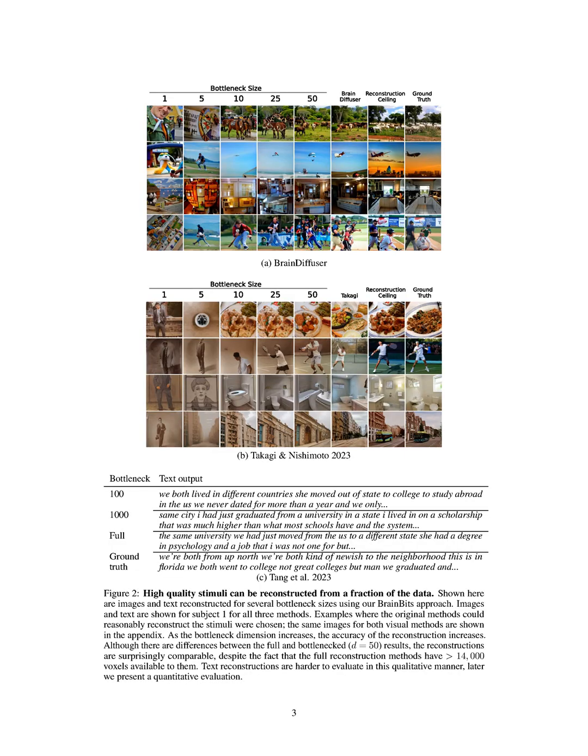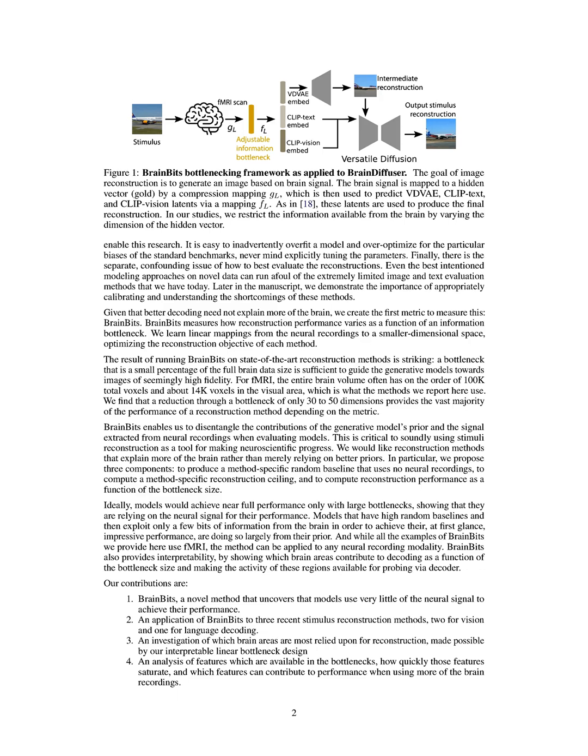To assess the model's performance, BrainBits computes a method-specific random baseline, which uses synthetic data to reflect the generative prior without any brain input, and a reconstruction ceiling that represents the best possible performance if the target latents were predicted perfectly. Finally, the method analyzes the resulting reconstructions to determine how much information is extracted from the brain and which brain regions contribute most significantly to the decoding process.